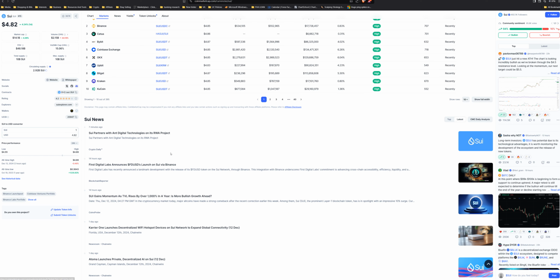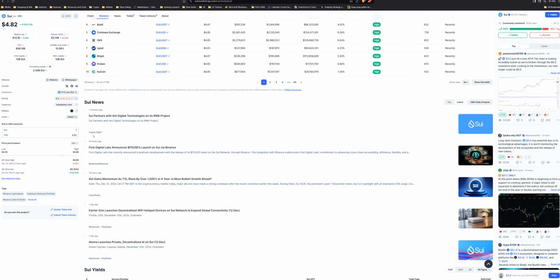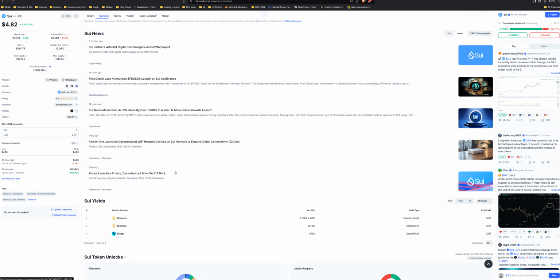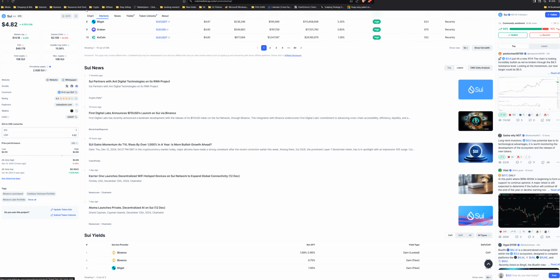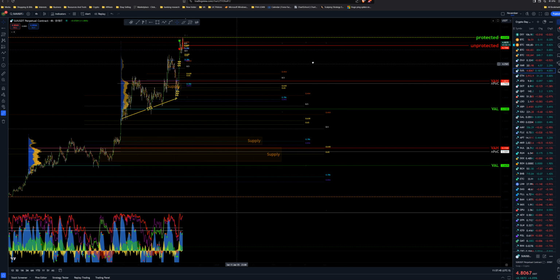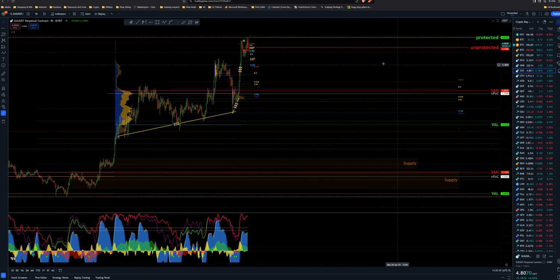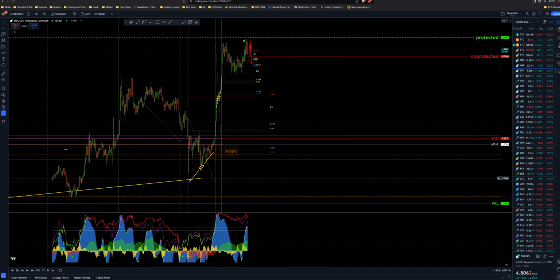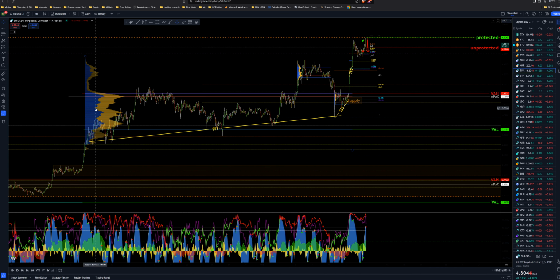Catchy headlines, but nothing really. Are these legit? Hmm, okay. I don't know how much to trust that news, but those are some catchy headlines. The traders who just read a headline and don't look into it.